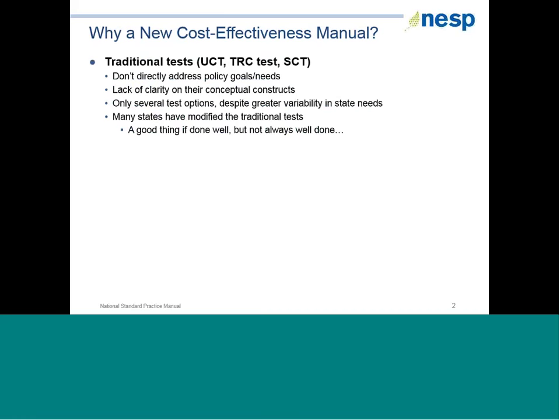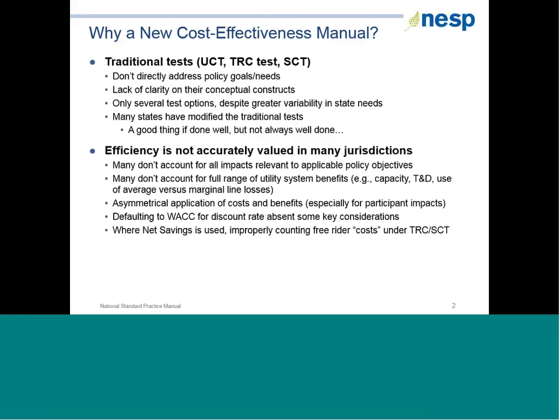It only really leaves 3 options, and I don't know about you, but I've been involved in many states where there's this battle, like which one is the right one for us? Is it the utility cost test? And there's no easy solution if you just rely on this California manual. Many states have modified the tests, which is okay, except that it's not always done well. So we tried to put together a manual that helps guide those kind of processes.